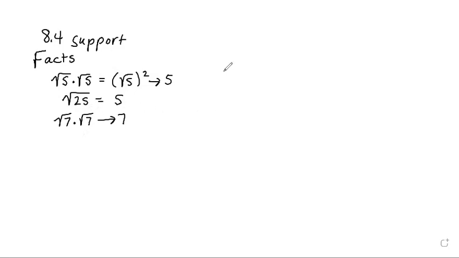Okay. Another thing that you need to know is about imaginary numbers, and we have talked about this a little bit. We talked about the fact that i is equal to the square root of -1. Well, in this section, it's going to be important that you know what i squared is. If i is the square root of -1, then i squared is the square root of -1 times the square root of -1, which is very similar to what we talked about over here, right?